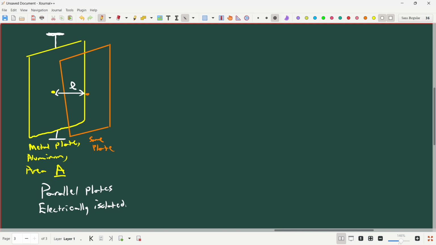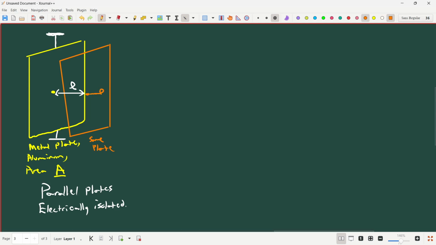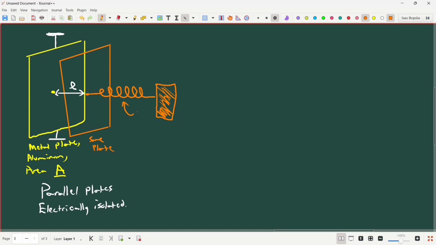And then what I'm going to do is attach the orange plate to a spring. Think of a slinky or something that has a restoring force. And I'm going to mount that onto a brick that doesn't move. So this is a spring.